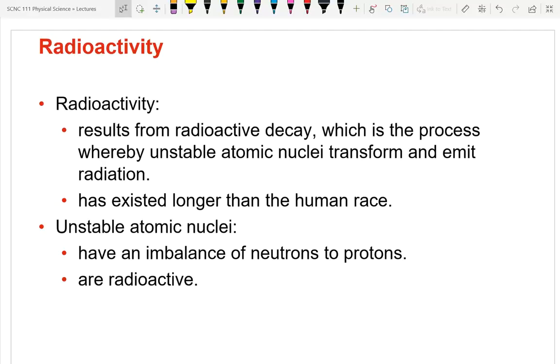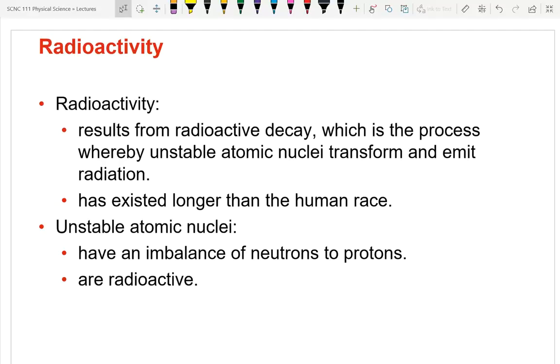Notice that statement, radioactivity has existed longer than the human race. That is, radioactivity has existed for as long as there have been, well, I should say atoms per se, but something like that. And I don't care who you are. I don't care what your belief is about creation. Even if God created humans only 6 days after he created the entire universe, for those 6 days, you would have had radioactivity but no humans. 6 days, on the 6th day he created man, right?